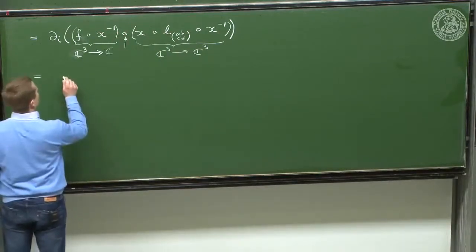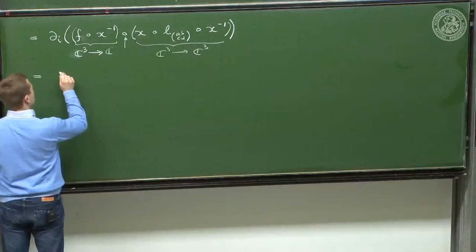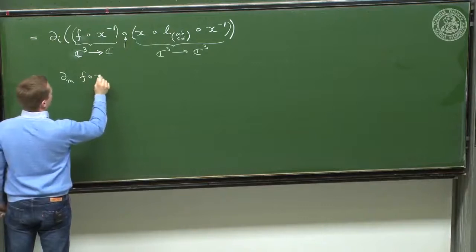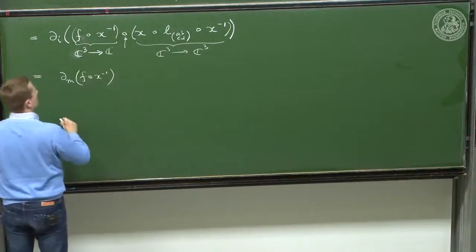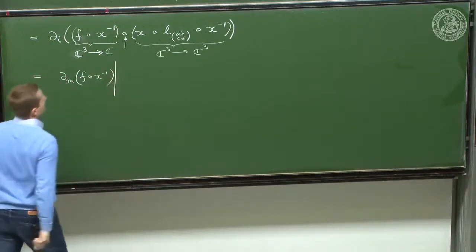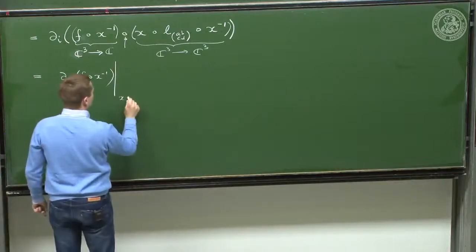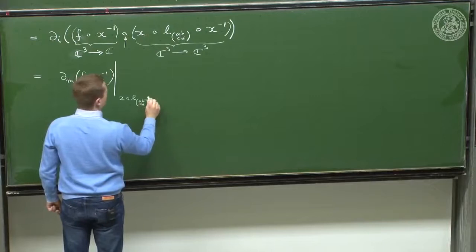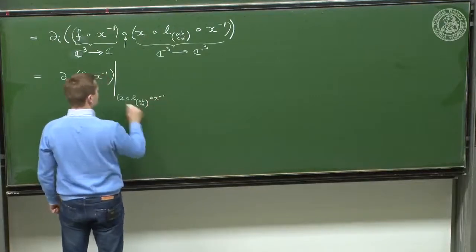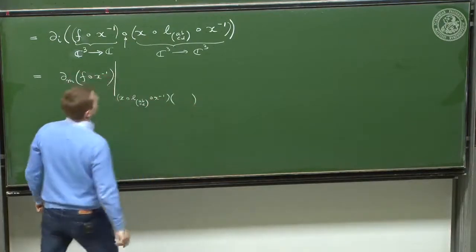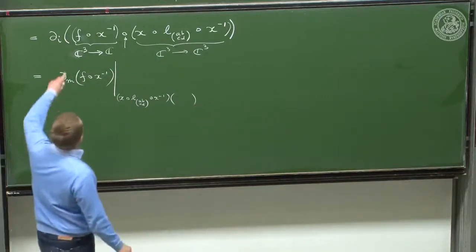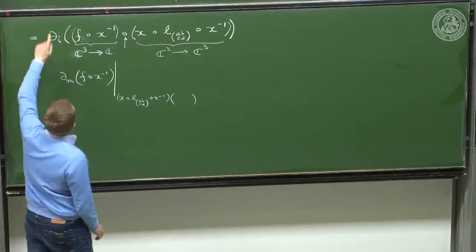Okay, so this is del m of f after x inverse to be evaluated at x after L, a, b, c, d after x inverse of, well, where actually? So let's go back. We evaluate this guy up there.